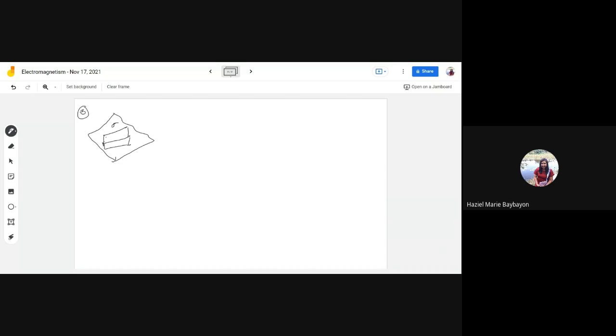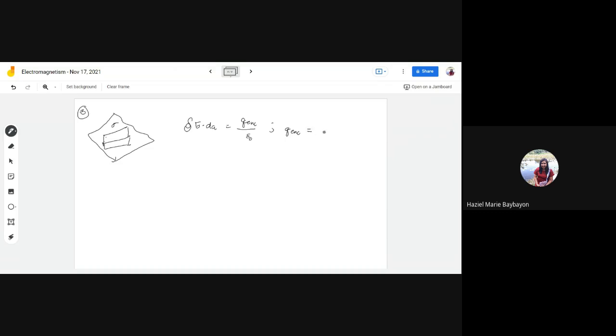All right. And then we'll be applying Gauss law. So we have the integral of E dot dA is equal to Q enclosed over epsilon naught. Here, what is our Q enclosed, class?